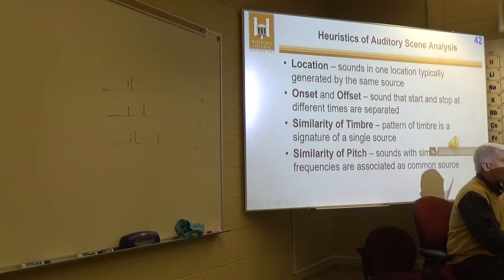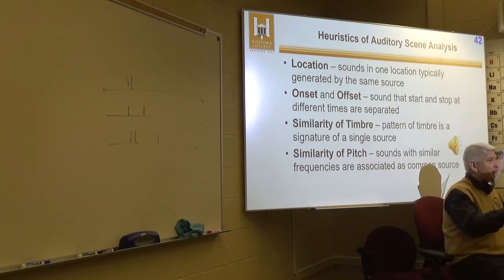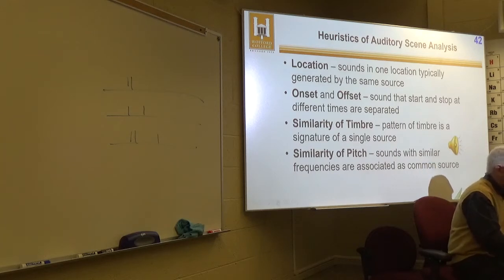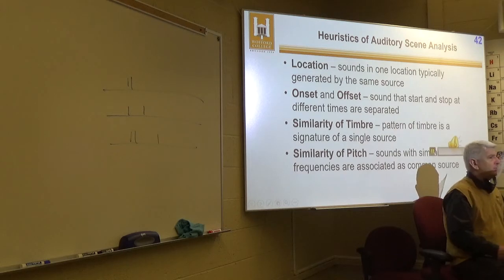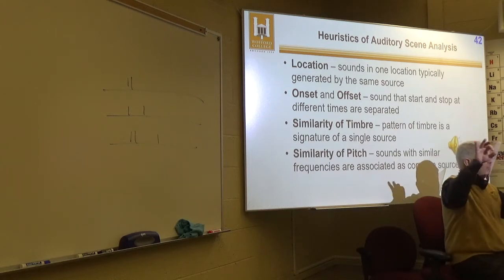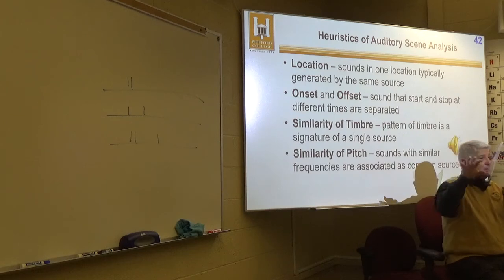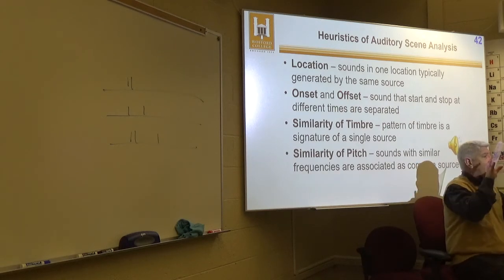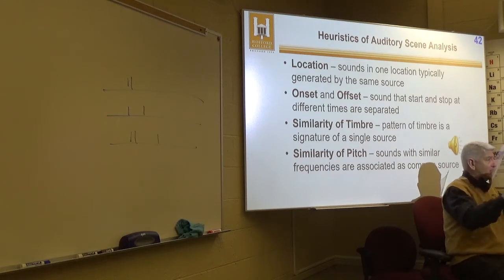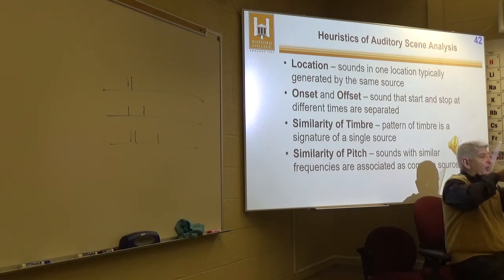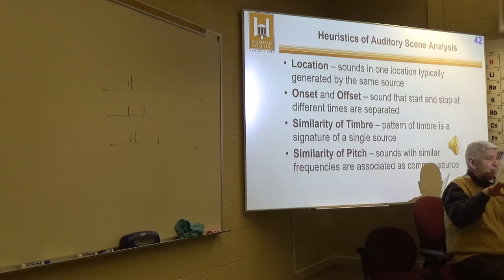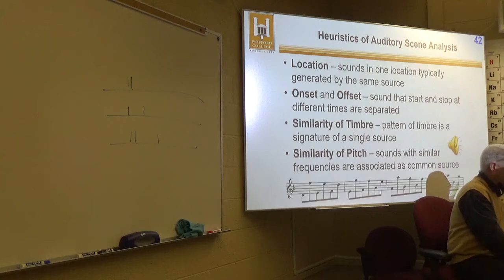So if you listen to that and you try to segregate out those streams, you kind of hear two separate things playing, right? You have a high frequency stream and you have a low frequency stream. Even though those notes are being played alternately in time, high note, low note, high note, low note, our brain is able to segregate those streams into the frequencies that are close together and the frequencies that are farther apart.